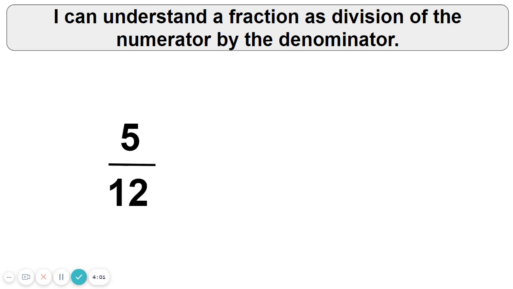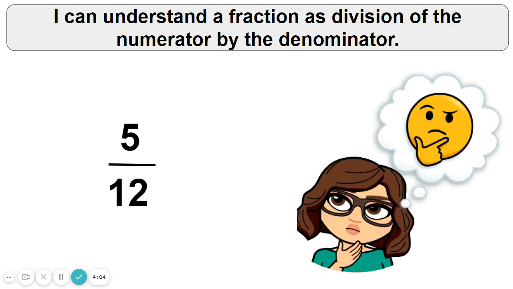So now, let's start thinking backwards, because we've been giving problems and giving the fraction as our answer. But what if you were just given the fraction and you're asked to come up with the situation that goes along with it? So with this one, I have the fraction 5/12.